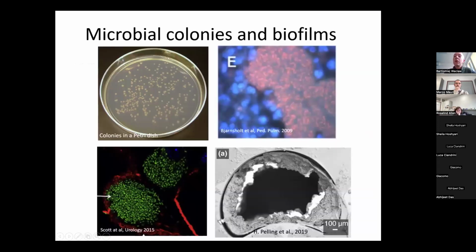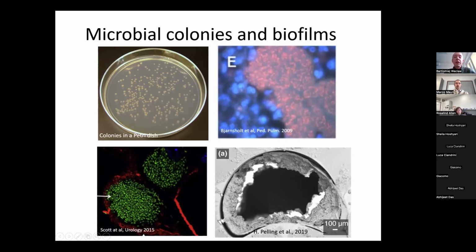To those of you who don't know what microbial colonies and biofilms are, it's generally anything that grows on the surface and is made of bacteria. So colonies in a petri dish, which those of you who have some microbiology experience must have done, qualify as colonies or biofilms. You can also have in vivo biofilms in the form of bacterial conglomerates that grow, for example, in the lungs of cystic fibrosis patients, which is shown here in this picture on the right.